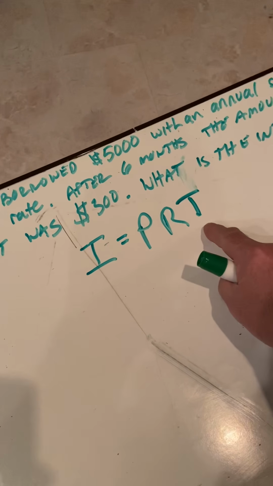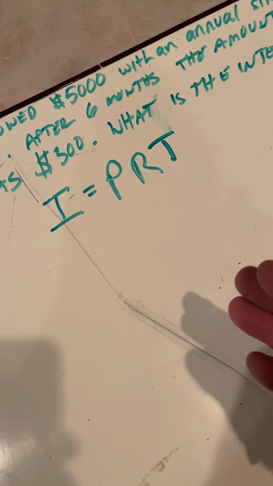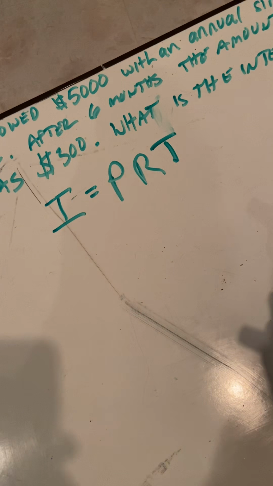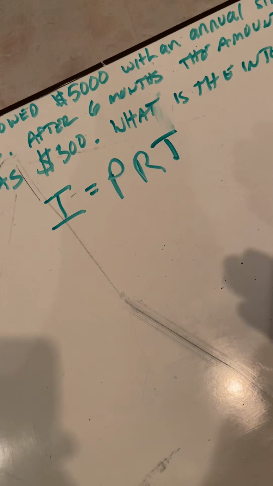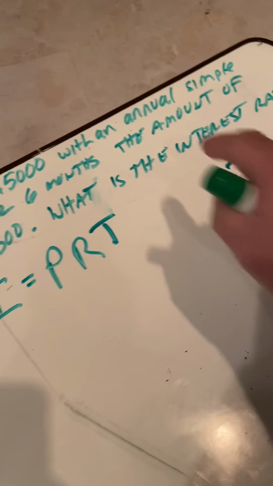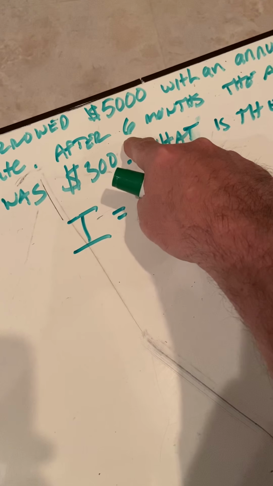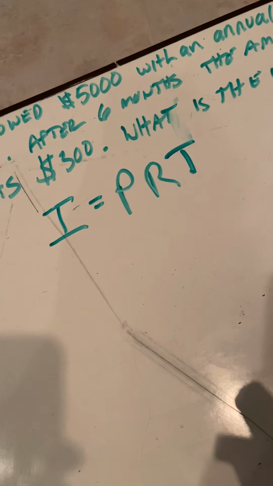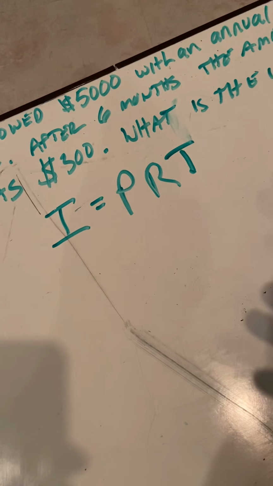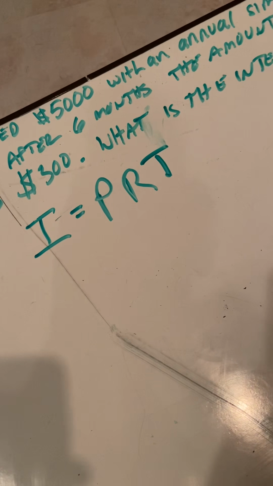Okay. Time. Now, as I said earlier, in the I equals PRT equation, T usually means annual. Okay, so it's annual. It tells up here the annual simple rate, but it tells us that it's 6 months. So 6 months out of 12 months, 12 months being 1 year, is half a year.